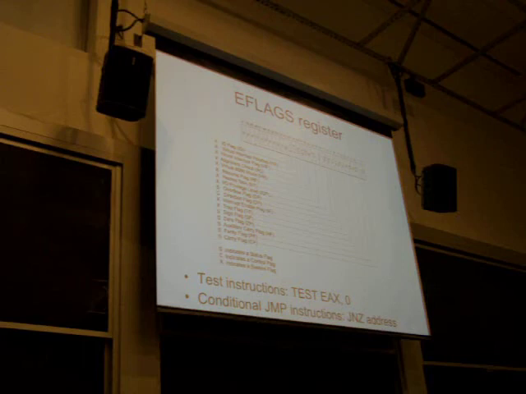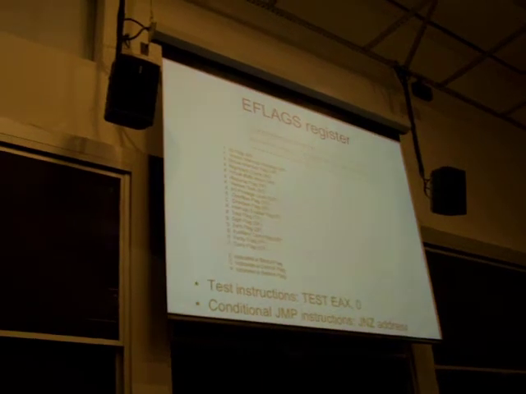The way the x86 does conditional jumps and things like that is based on bits in the EFLAGS register. The EFLAGS register has a whole set of flags, ranging from overflow, trap, sign, the parity or carry flag.